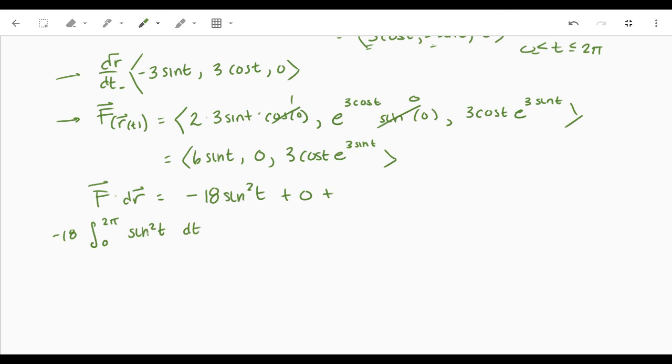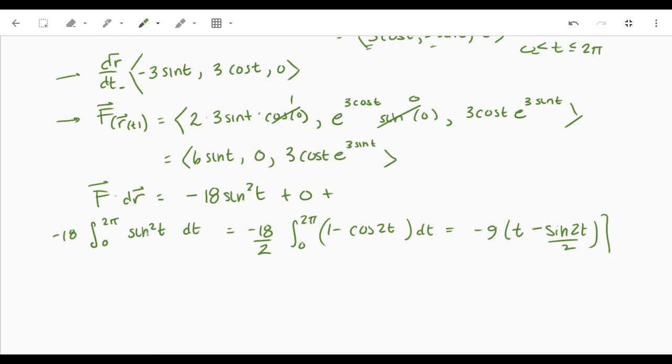Okay, so negative 18 sine squared t would be 1 minus the cosine of 2t over 2 dt. So t minus the sine of 2t over 2 from t equals 0 to t equals 2 pi.